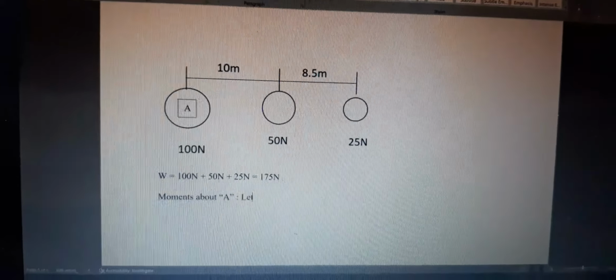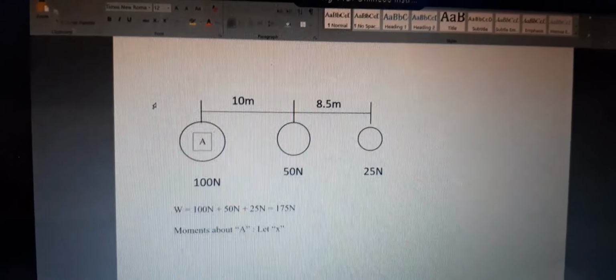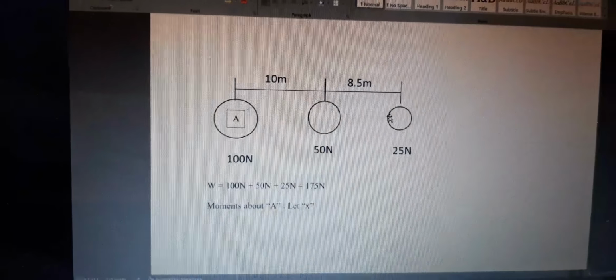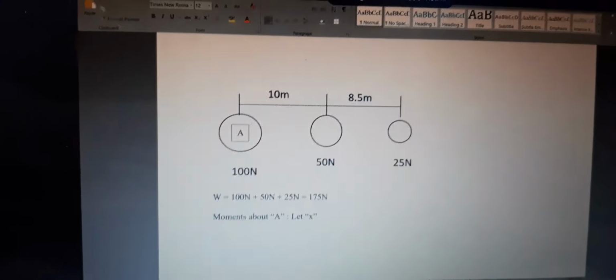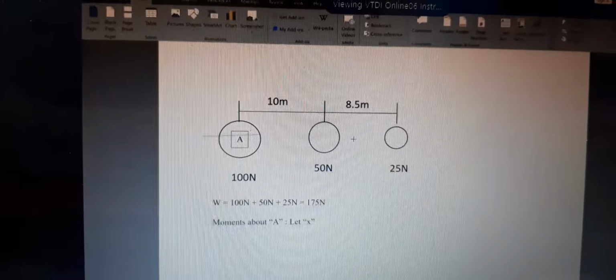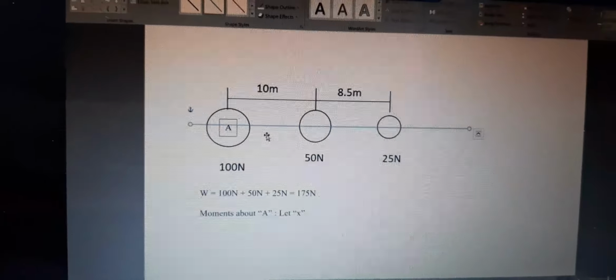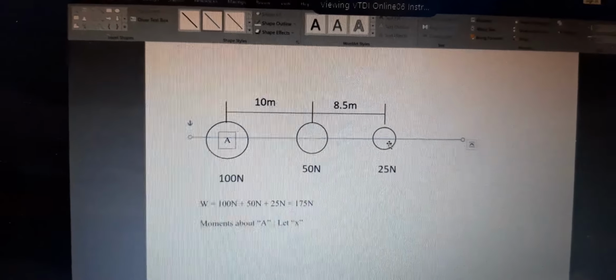And we're going to let X, remember that you're seeing where they're in one plane. They're in the horizontal plane. So if I should draw a line through the center of A, good, they will all line up along that line.